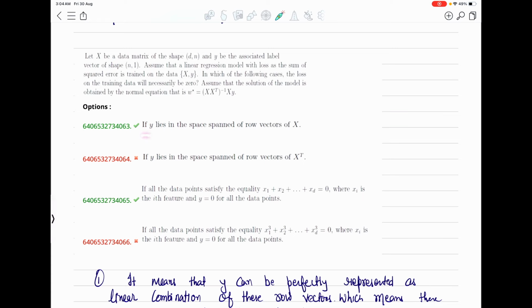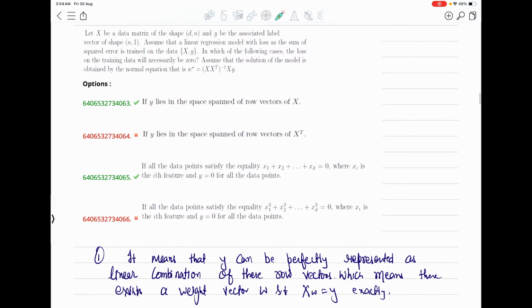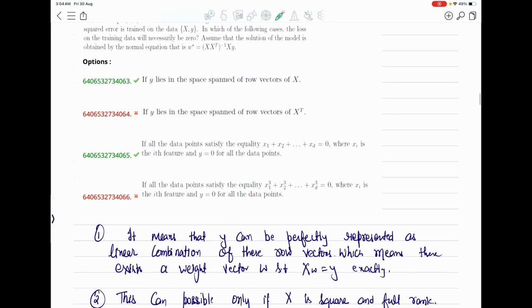So the thing is, if y lies in the space spanned by the row vectors of x, if this condition is true, then the training error will be 0. Look at here. This means that y can be perfectly represented as a linear combination of these row vectors, right?